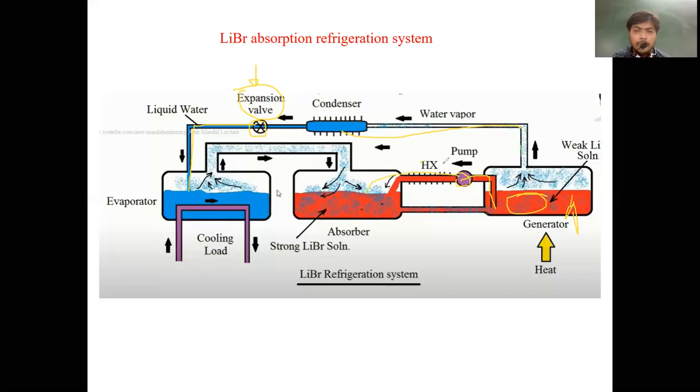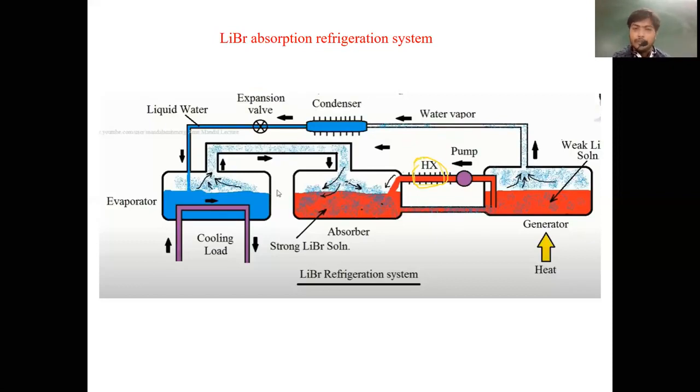But here we put a heat exchanger between the pump and the absorber. The function of the heat exchanger is to drop the temperature of the lithium bromide solution, because lithium bromide has a greater affinity to absorb water vapor at low temperature.